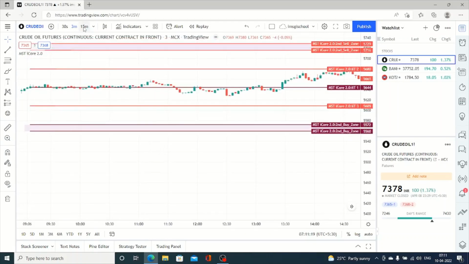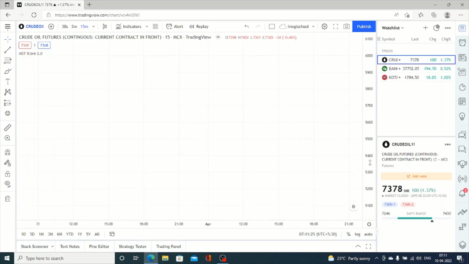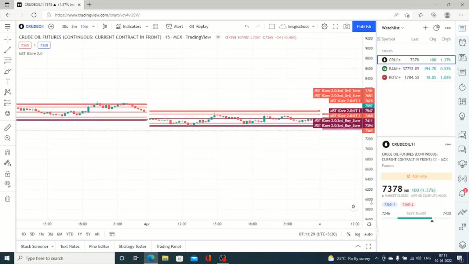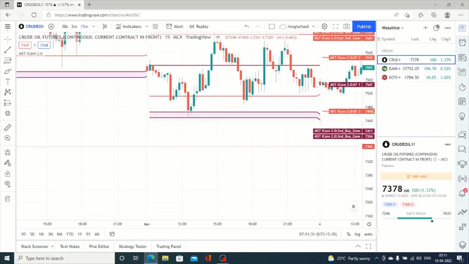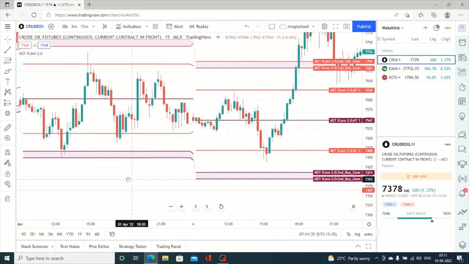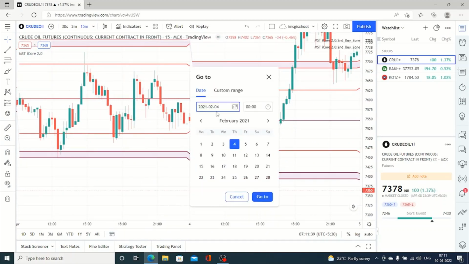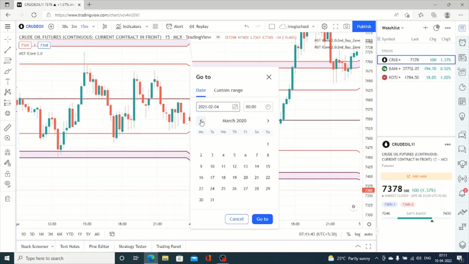I will keep it in 15 minutes time frame. Then only the candlestick pattern will be easier to see. This is 1st April 2022. So I'm going back to some random date, December 2020, I'm taking.